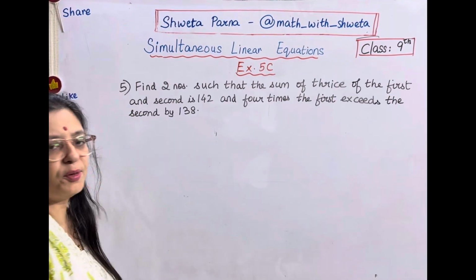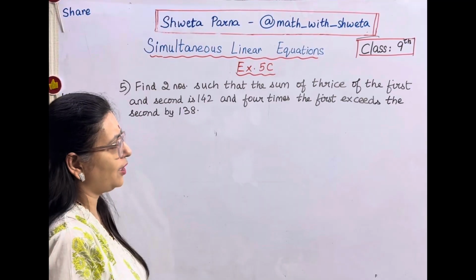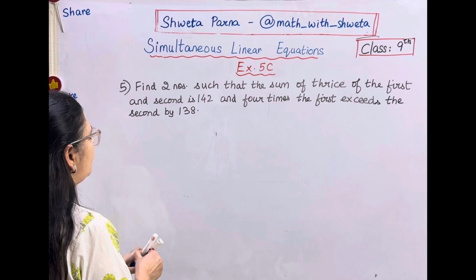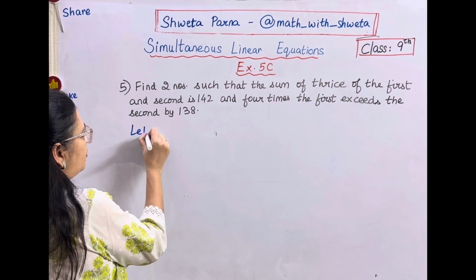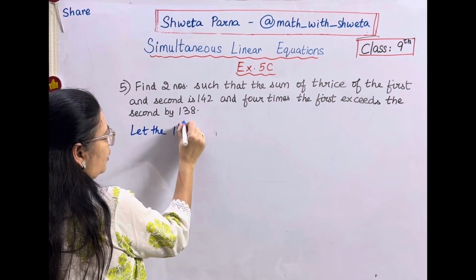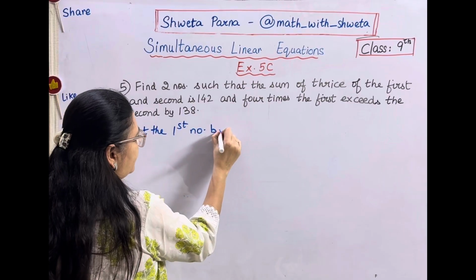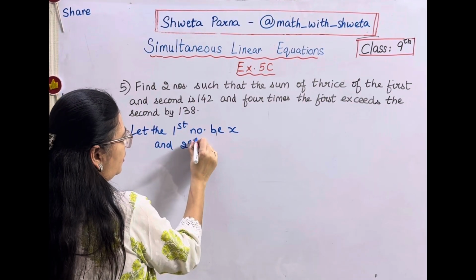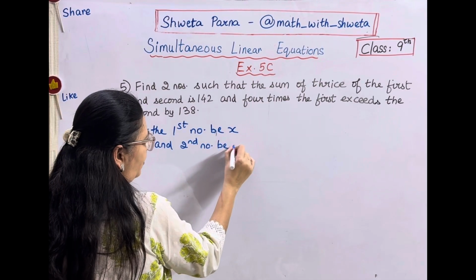Let's go to question number 5. Find two numbers such that the sum of thrice of the first number. So, let's assume, let the first number be x and the second number be y. Okay, come on.